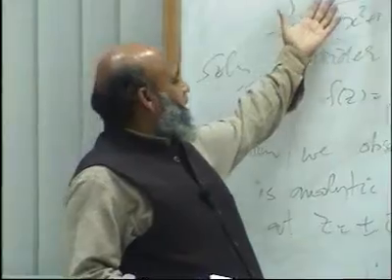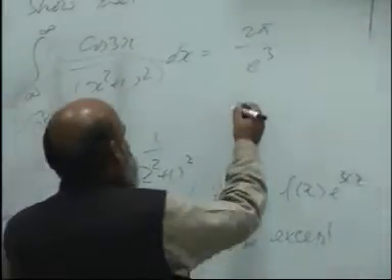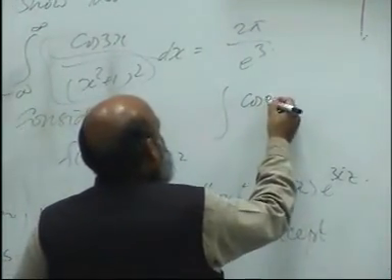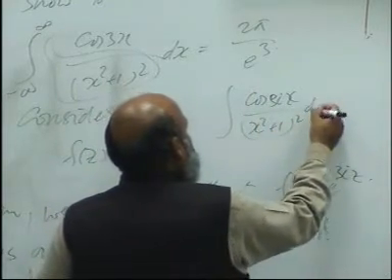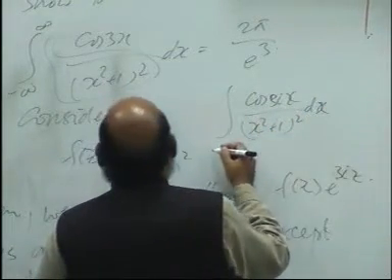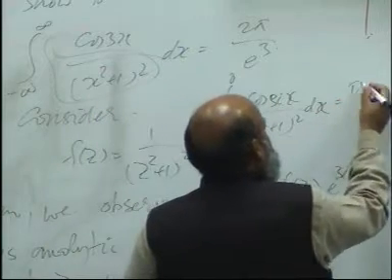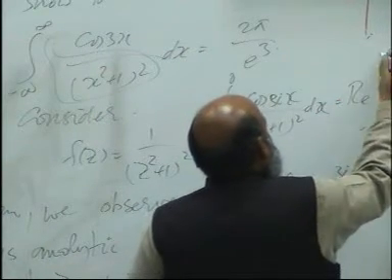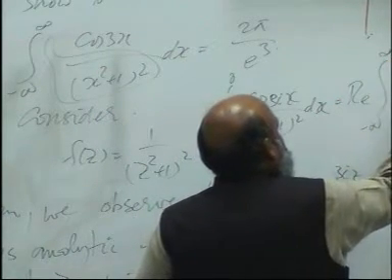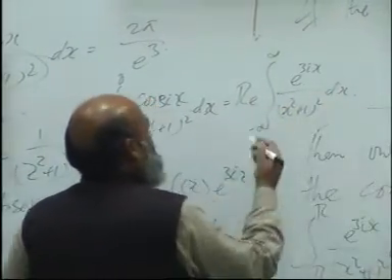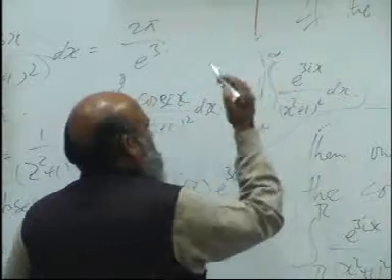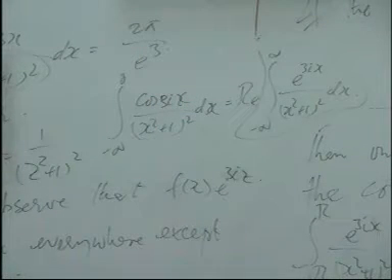So what we do, we can write this as the real part of the integral from minus infinity to infinity of exponential 3 iota x over (x square plus 1) whole square dx. I am considering only this function, and after evaluating this integral, I will take only the real part.